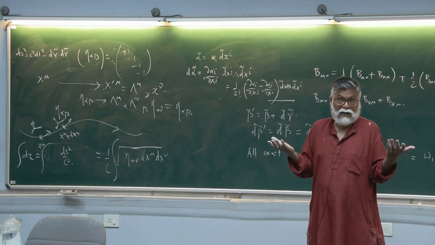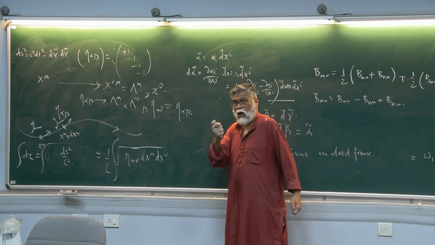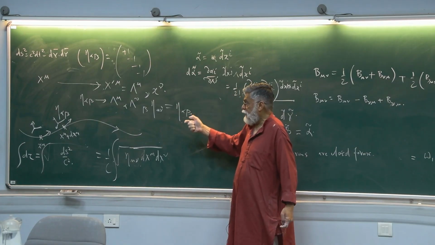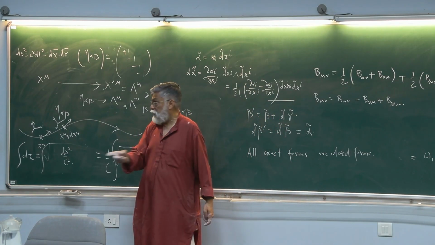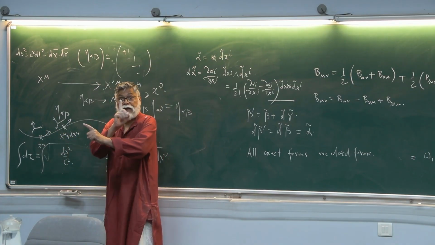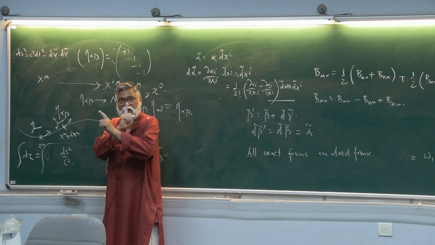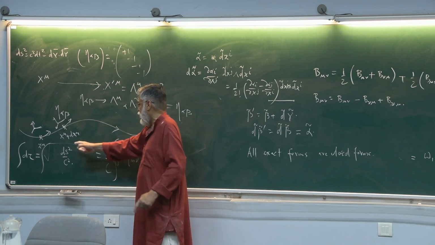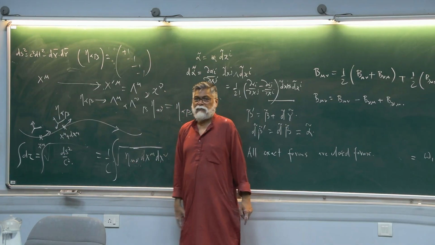So I can't talk about that, but at the same time, physically I know, if I am carrying a good clock and I am accelerating, how do I know I am carrying a good clock? The time must agree with a co-moving inertial observer, and if it agrees with the co-moving inertial observer, then this integral must be the real time elapsed.